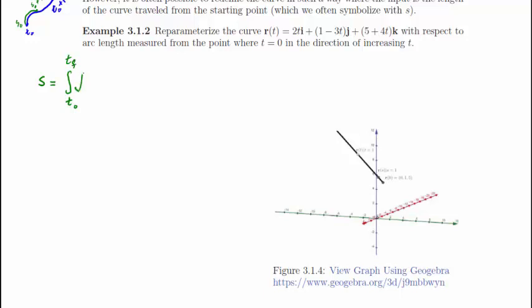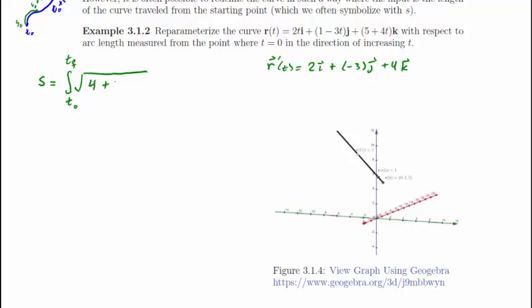This is the integral of the square root of the derivative element squared, so we want the derivative r prime of t equals 2 times the unit i vector plus -3 times the unit j vector plus 4 times the unit k vector. So I'm going to take these and plug them in as squares.